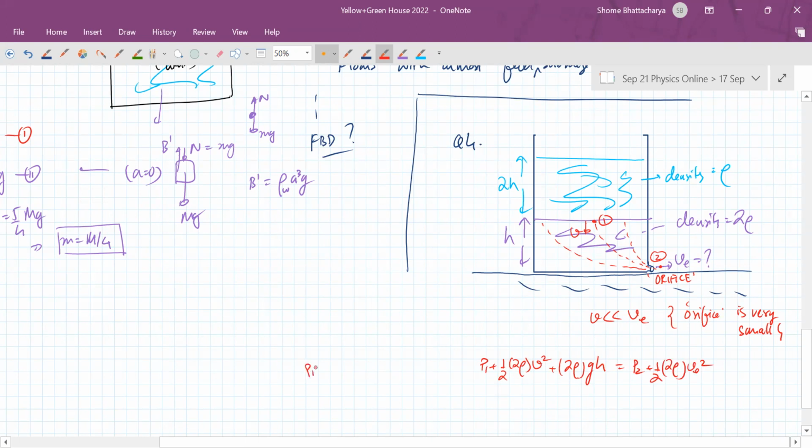Now we can see that P1 is equal to atmospheric pressure plus rho g into 2h, and P2 is equal to atmospheric pressure, because 2 is a point just outside the orifice, so it's at atmospheric pressure. Point 1 has that extra hydrostatic pressure because of the liquid column above. So I will replace P1 with P0 plus 2 rho gh when I open that term.